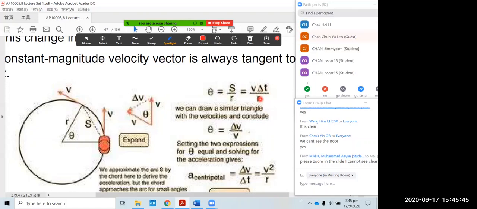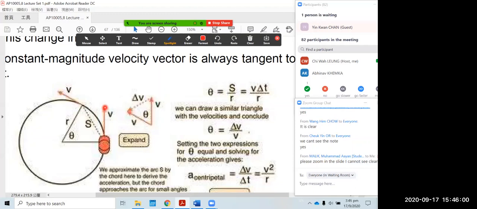On the other hand, we could also see that theta is related to the change of velocity as well. Now, over a time delta t, the velocity changes. Initial velocity is this one. Final velocity is this one, because the particle is moving in the anti-clockwise direction.